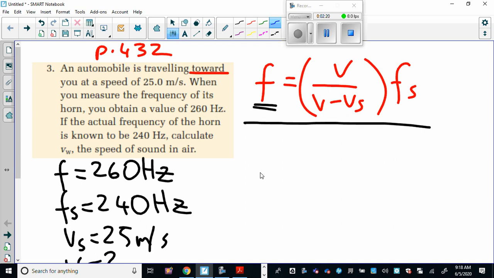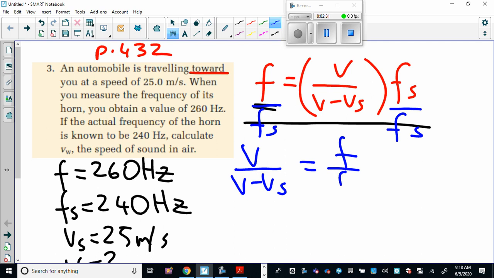Okay, the first thing we're going to do is divide both sides by Fs. Okay, so now we've got the V's on one side. Now, you can't just magically move the Vs over here.